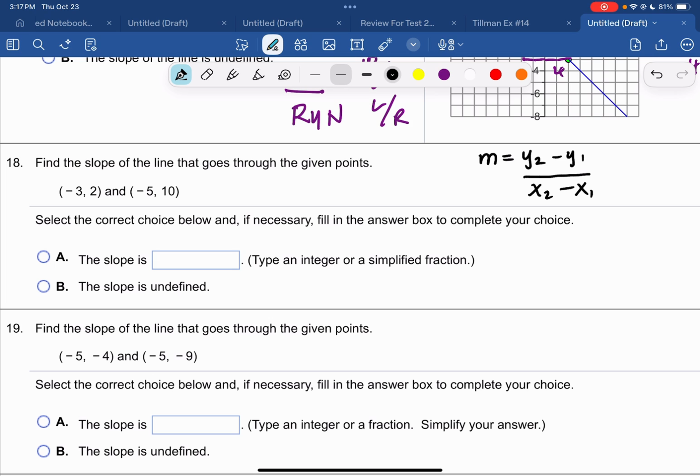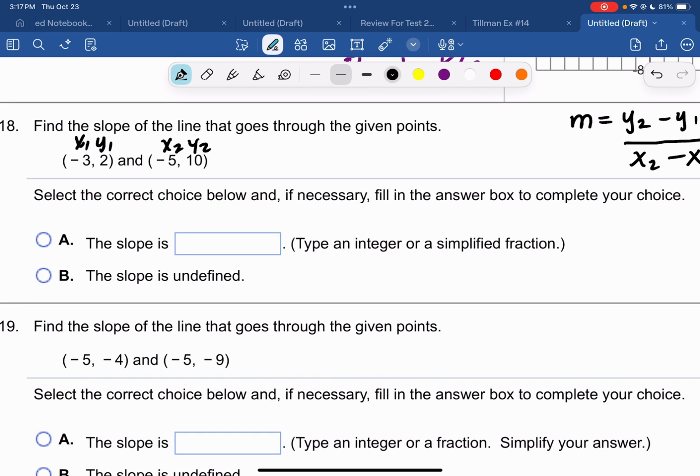So I'm going to label x number 1, y number 1, x number 2, y number 2. And I'm going to do my slope formula: 10 minus 2 over, now here's where I've got to be careful. I've got these negatives. I've got negative 5 subtract, and I'm going to put it in parentheses so my negatives don't run into each other too much, negative 3.